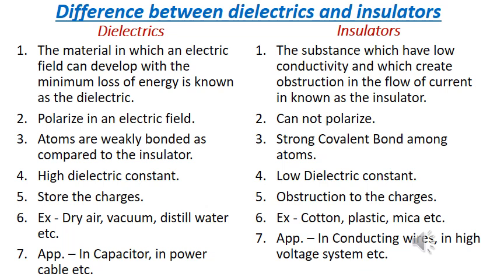Examples of dielectrics are dry air, vacuum, distilled water, etc. And examples of insulators are cotton, plastic, mica, etc. Some applications of dielectrics are in capacitors, in power cables, etc. And applications of insulators are in conducting wires and in high voltage systems for insulating, etc.